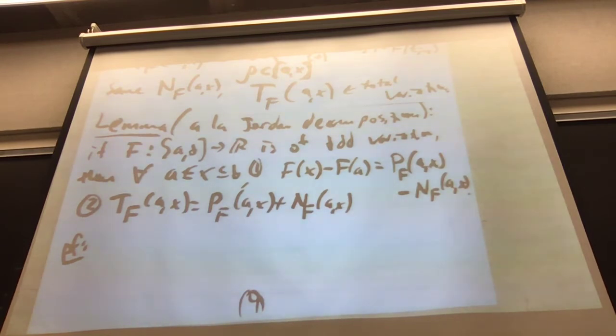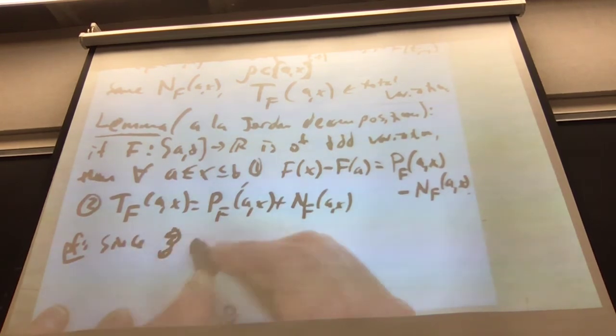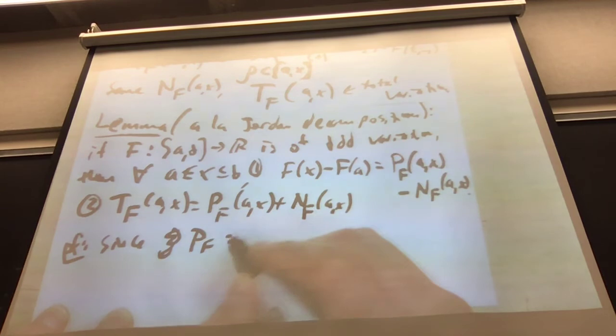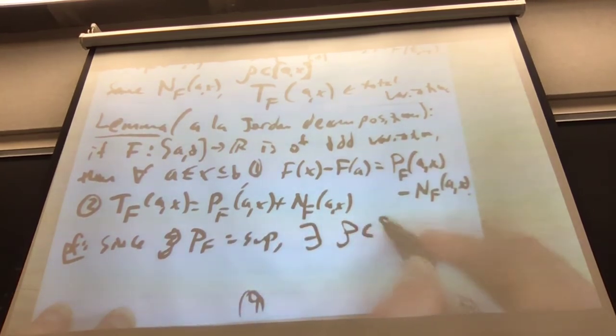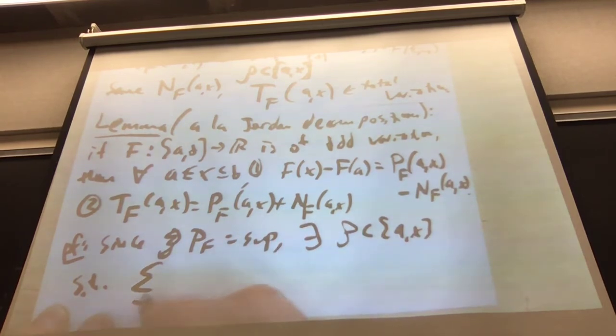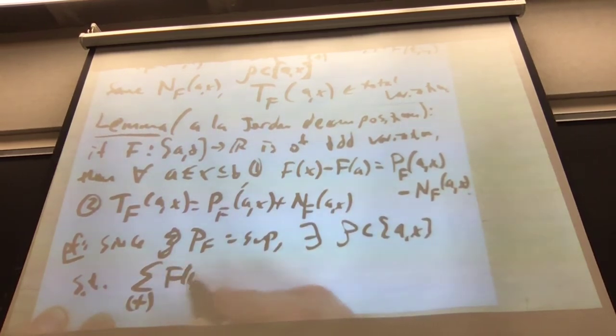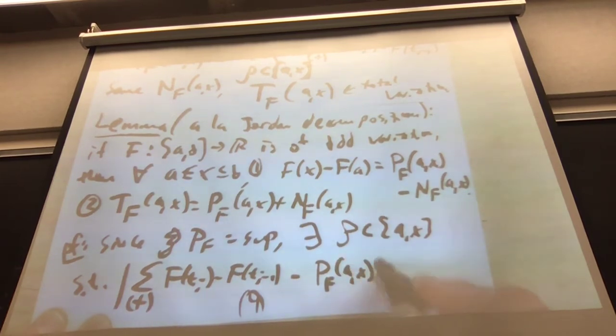Since PF is a supremum, there must exist a partition of a to x such that if you add up the plus parts of the partition, f of t_j minus f of t_{j-1}, you get within epsilon, so this minus PF on a to x is less than epsilon.